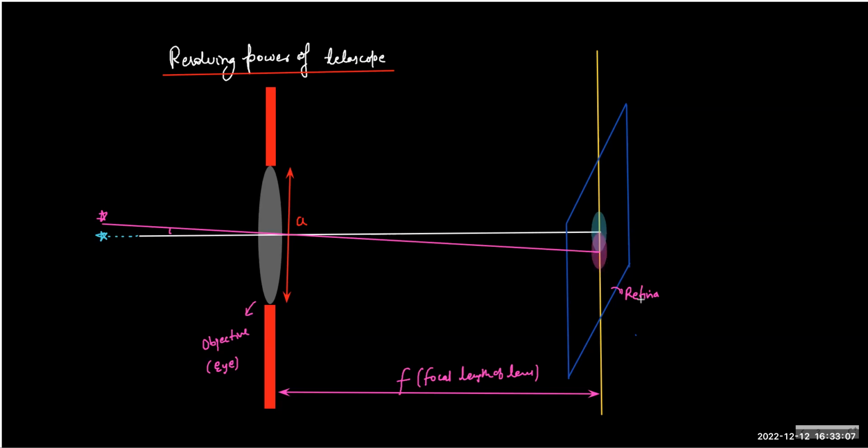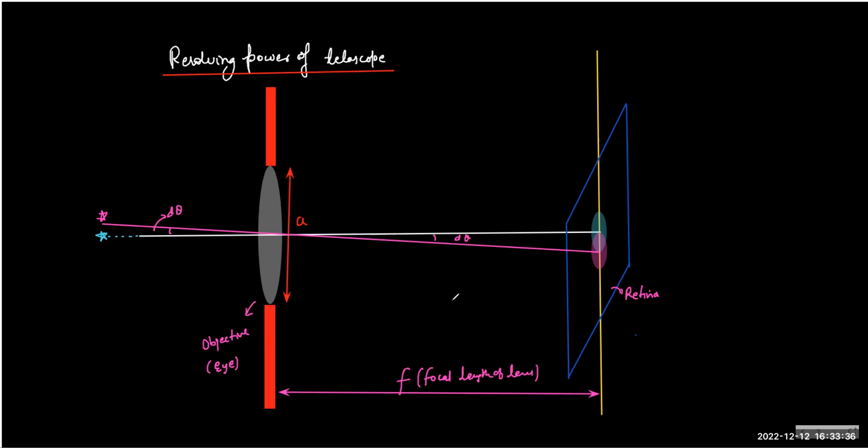And what we wanted is that the center of one of them should fall on the first minima. You can see the pink center is falling at the periphery of the first one, right? Yes, sir. So that's the first minima. So if I call this angle d theta, this we can also call d theta, right?